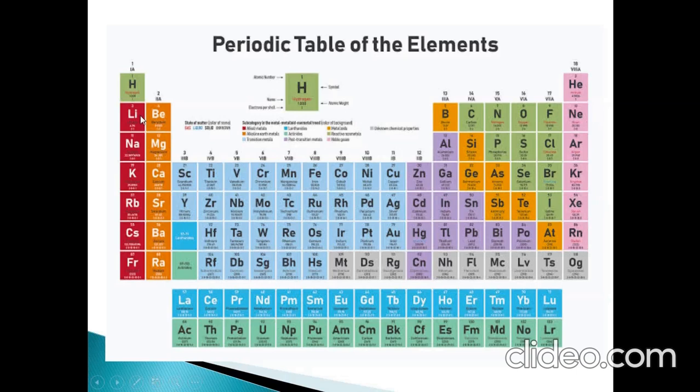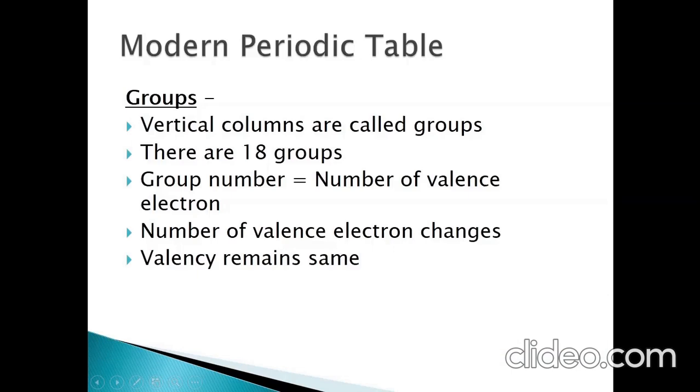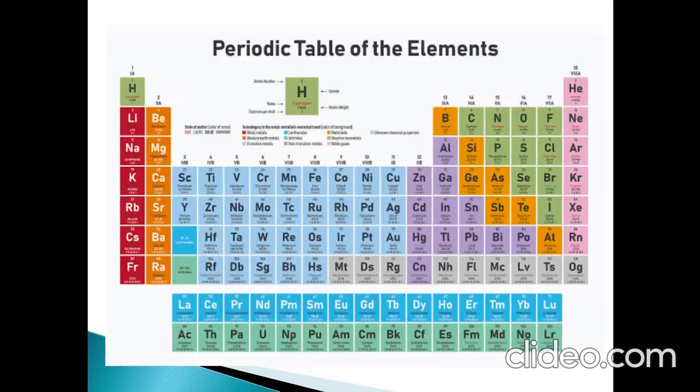For example, in the case of lithium, it's 1, beryllium 2, boron 3, carbon 4, nitrogen 5, oxygen 6, fluorine 7, neon 8. So vertical columns are called groups. There are 18 groups. Group number is equal to the number of valence electrons. The number of valence electrons changes, but valency remains the same. So this is all about groups.